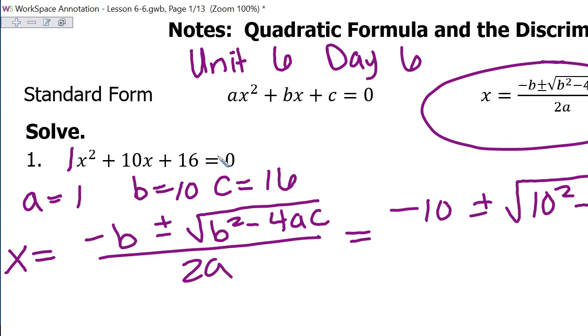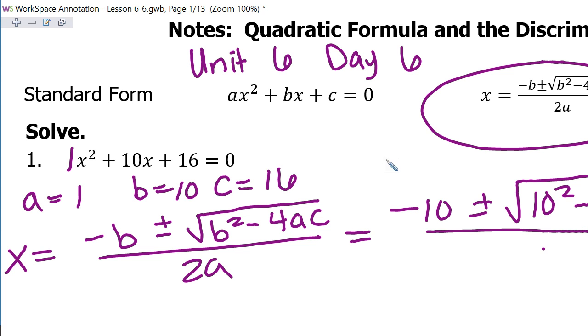What does AC mean? A times C. Yeah, so AC means A times C. So this negative 4 needs to be multiplied by A is 1 and C is 16. And in the denominator, what does 2A mean?